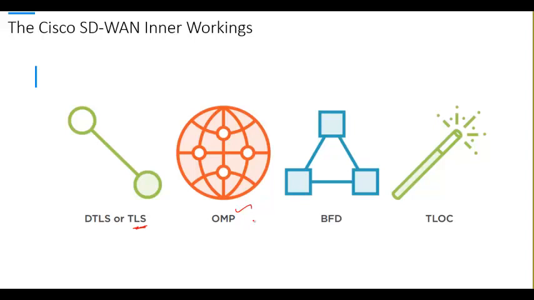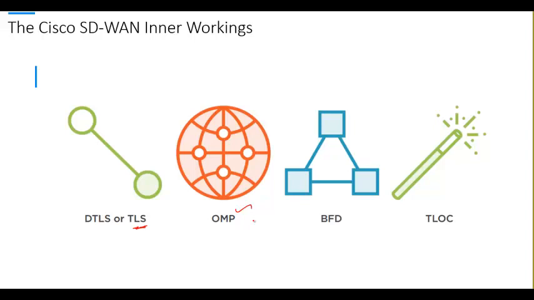And the routes that are determined in vSmart are then distributed to all WAN edge routers, based on which the packets will be forwarded to a next hop between the WAN edges.